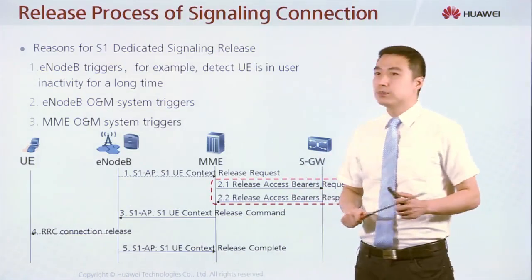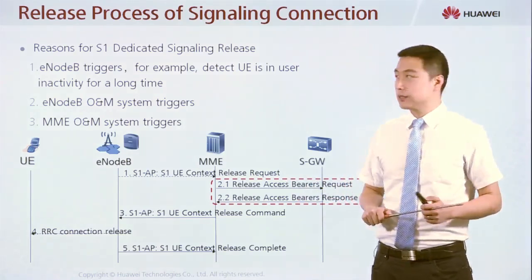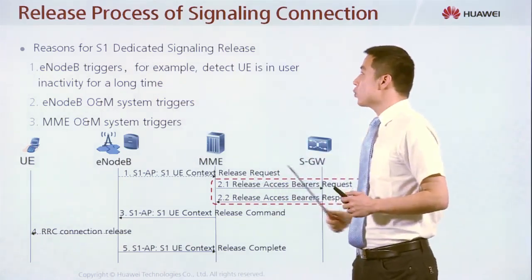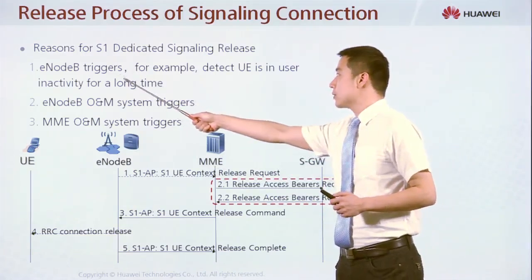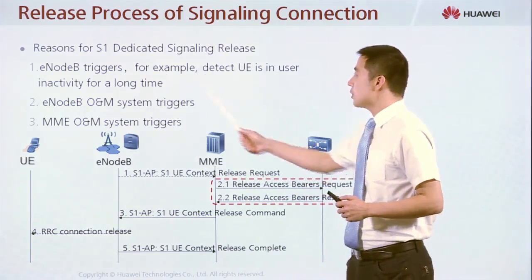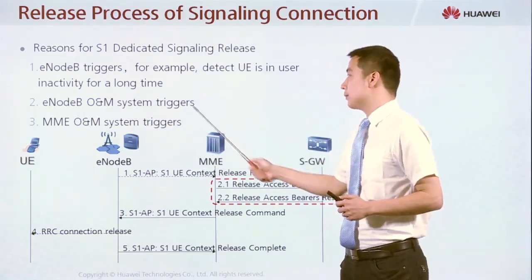After we set up the default bearer, finally we will release it. The reason for the S1 dedicated signaling release here may be eNode B triggered, for example, the eNode B detects the UE is inactive for a long time, or the eNode B OM system triggers.